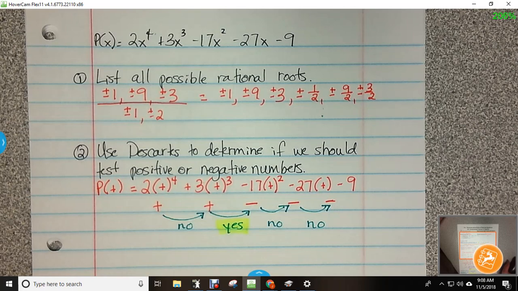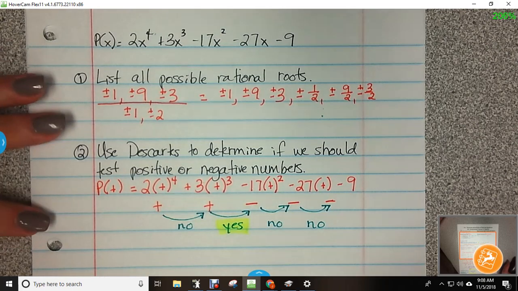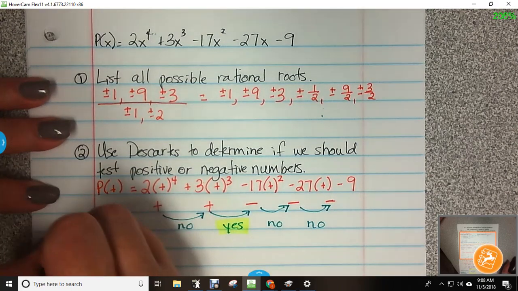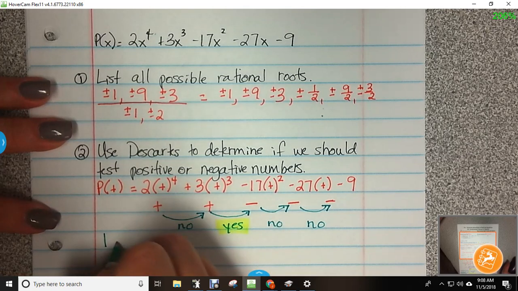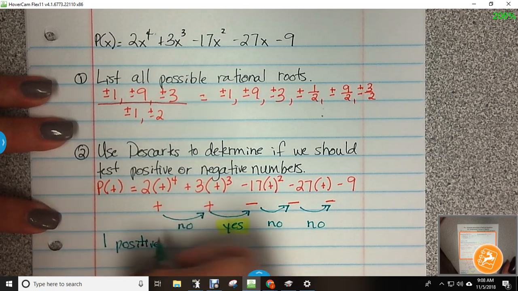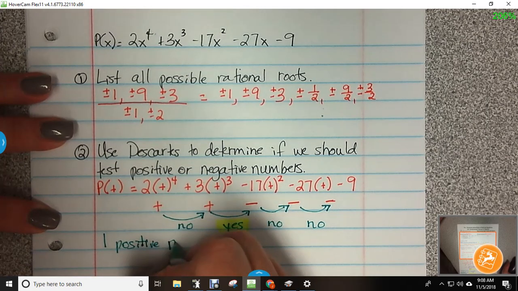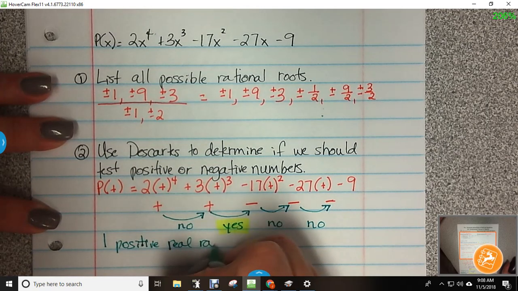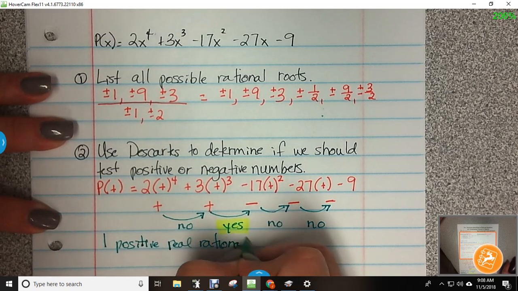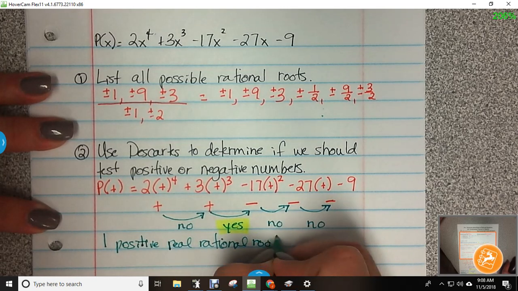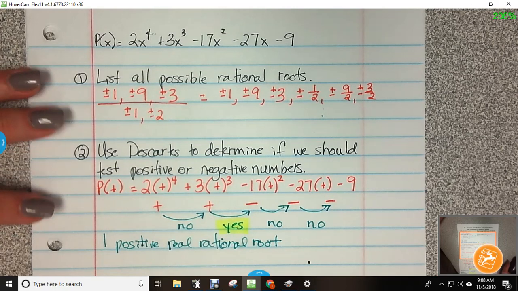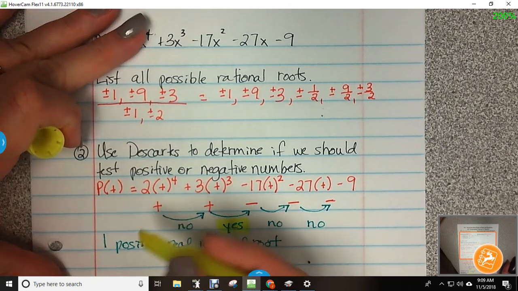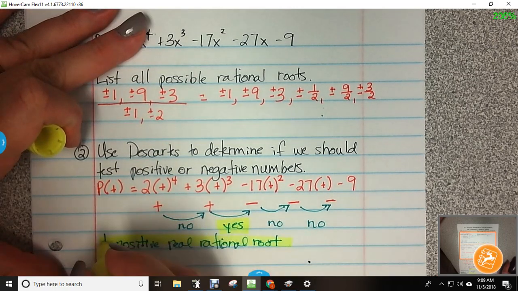So what that means is that I am going to have one positive real rational root. Okay. I'm going to highlight that so that I remember it in a minute.